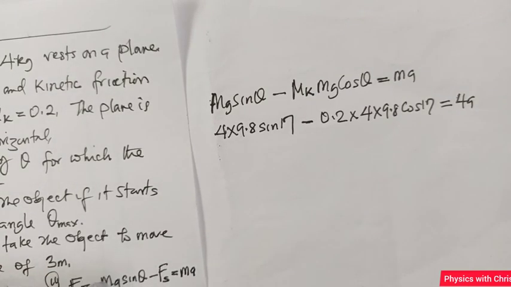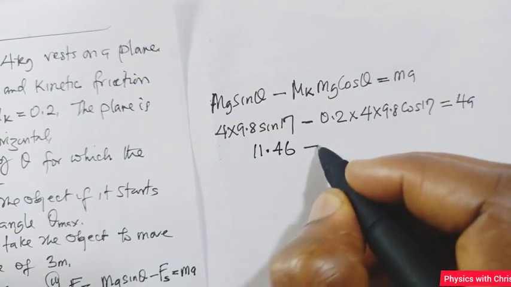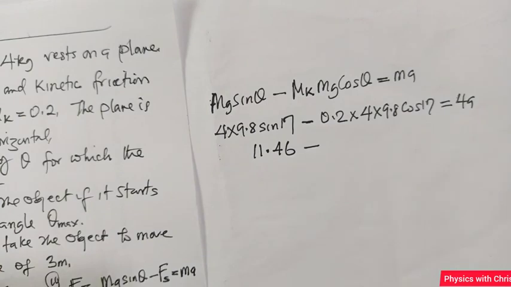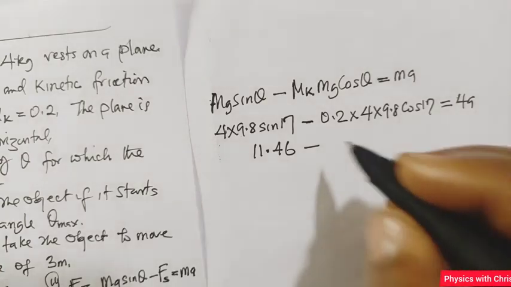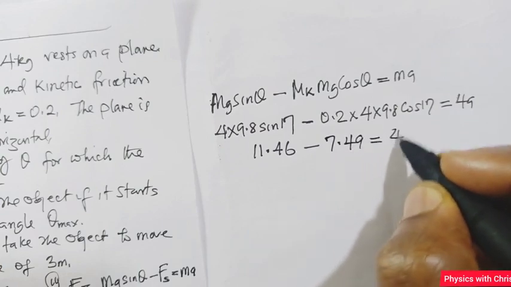That gives 4 times 9.8 times sin 17, which gives me 11.46, minus 0.2 multiplied by 4 multiplied by 9.8 multiplied by cos 17, which gives me 7.49, equals 4a.